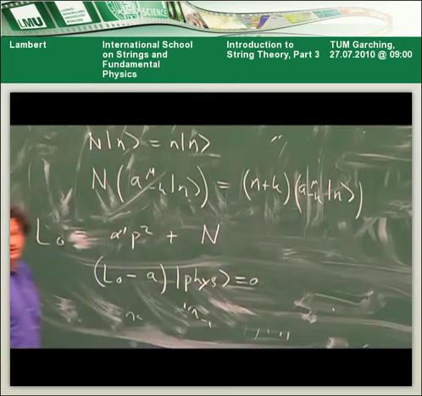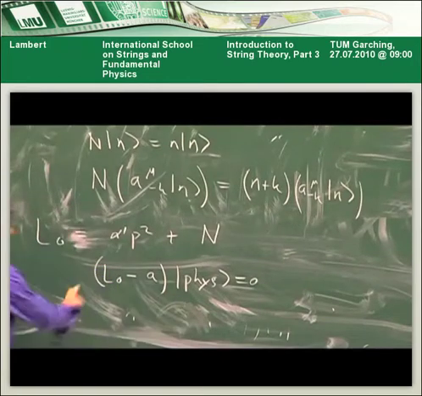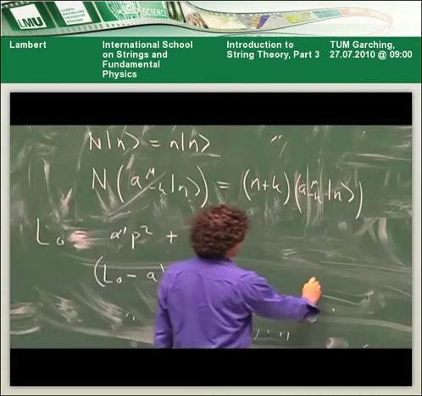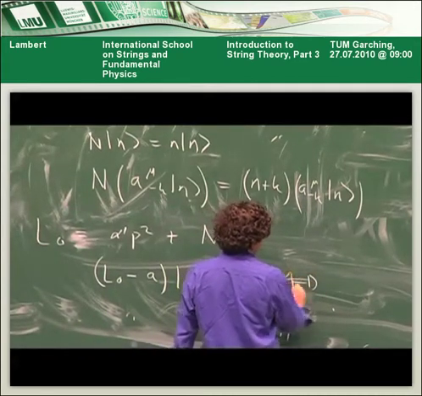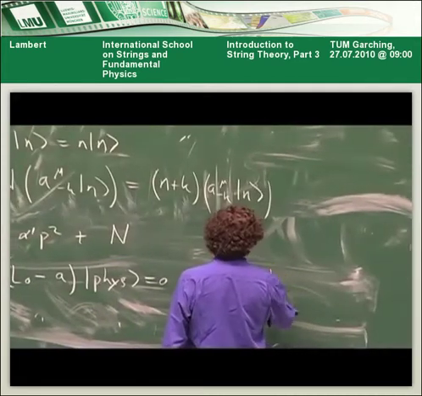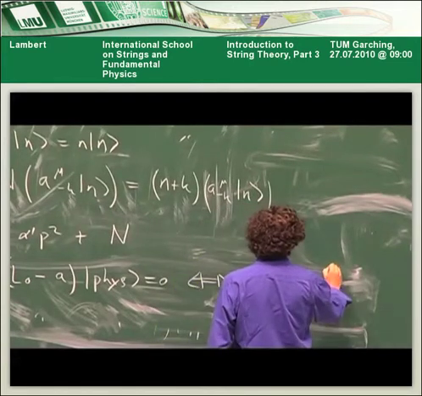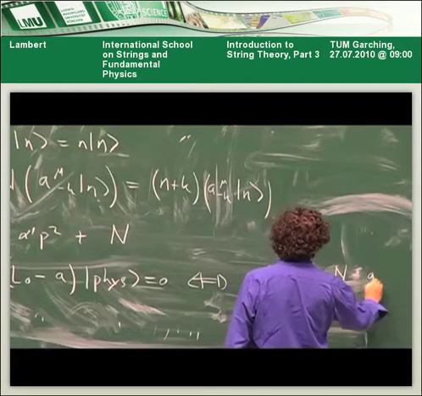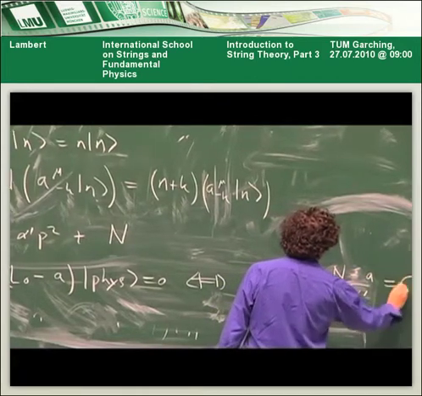Of course, there are other physical states, other conditions, where the positive moded oscillators annihilate. But this is the most interesting one because it translates into a space-time equation, p squared plus the n eigenvalue, let's just call it n, minus a over alpha prime equals 0.